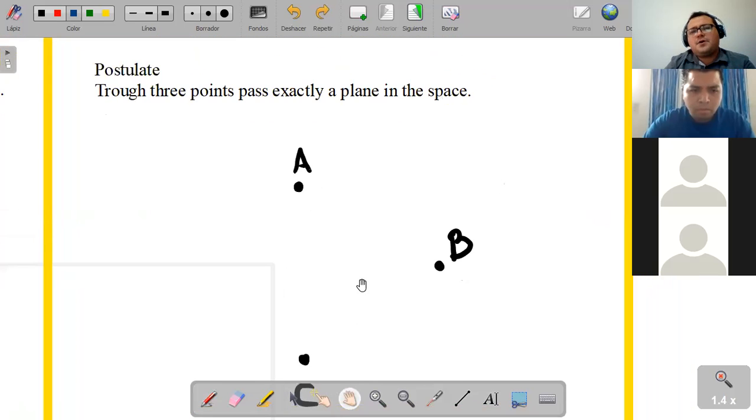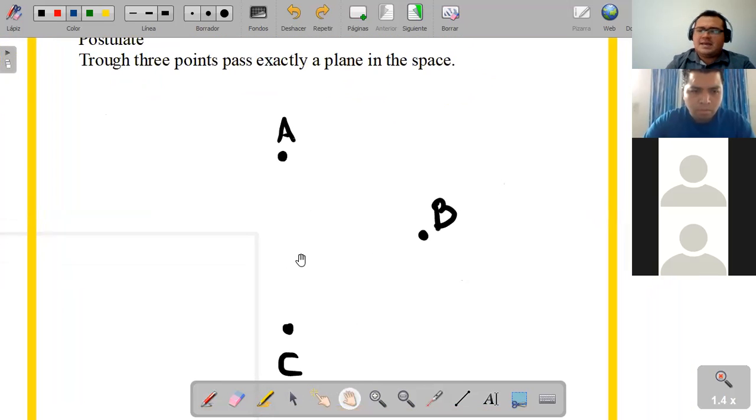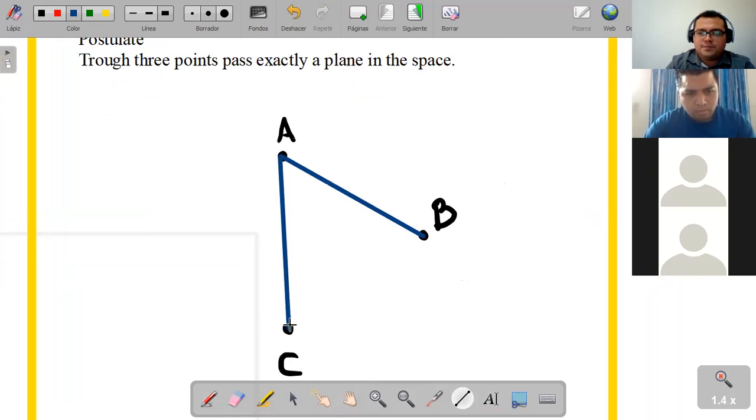What happened with another of those 5 postulates that he based all the geometry we know and we teach on? Through 3 points pass exactly a plane, and that plane is in the space. If I join the segments, or if I close these points, I will create the basic shape that everybody knows as a triangle.